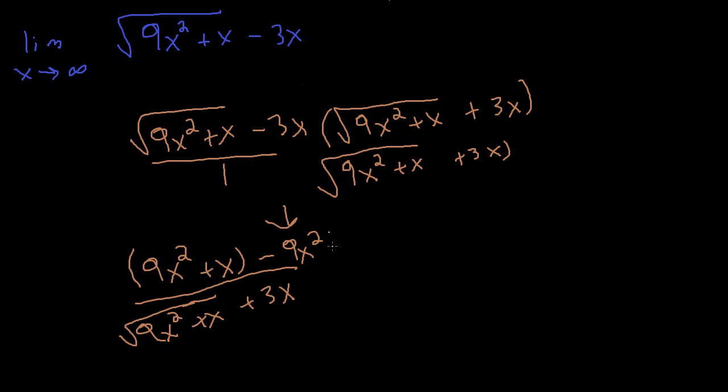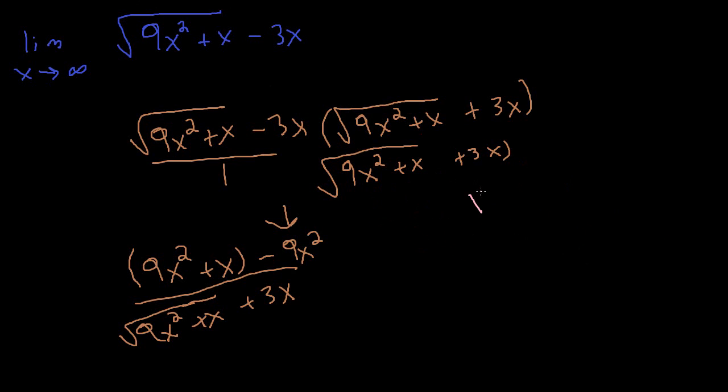So let me change colors. If we just simplify the numerator a tiny bit more, we can see that we have a positive 9x squared plus x and a negative 9x squared. Now these two here are going to be canceling out because they're positive and negative. So if I just rewrite that, we're just going to be having an x on the numerator.